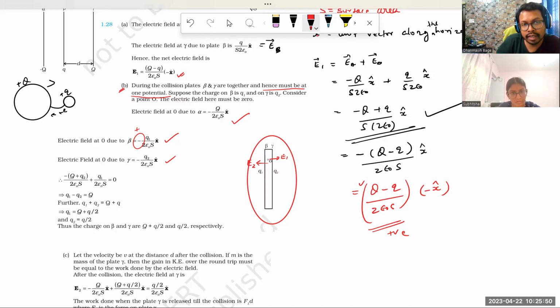I'm calling this E1 and this E2. So E2 is in the negative x direction, and E1 is in the positive x direction. So this negative sign is wrong here. Then if you take the sum, you will get this, and then you can solve it and you'll get the charges.